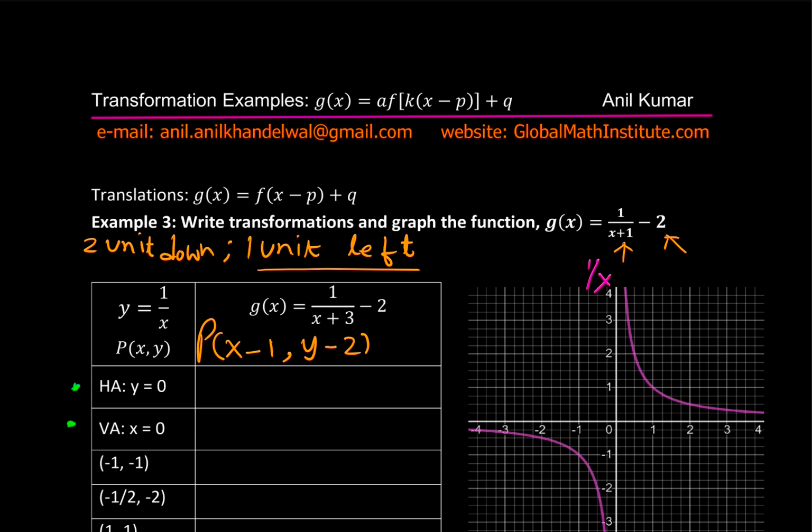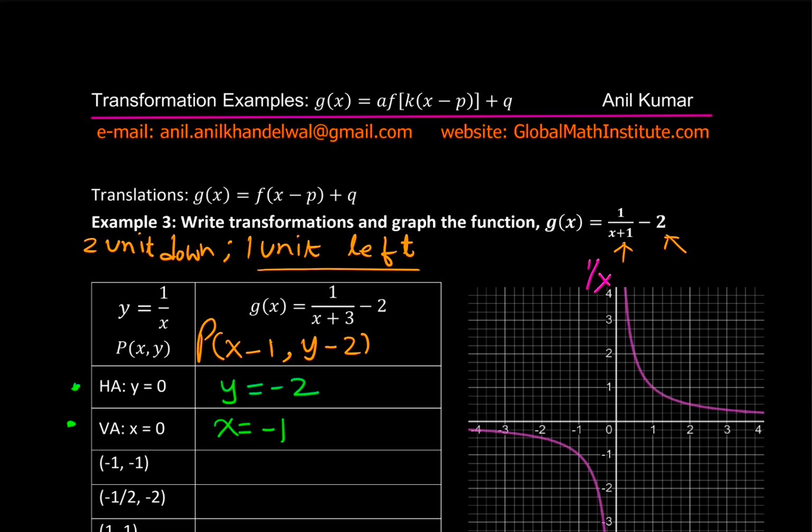Let us first see the vertical asymptote, which is the x value. Earlier, the vertical asymptote was at x equals 0. Now, this will be at x equals minus 1. As far as the horizontal asymptote is concerned, it will be at y equals minus 2, right?